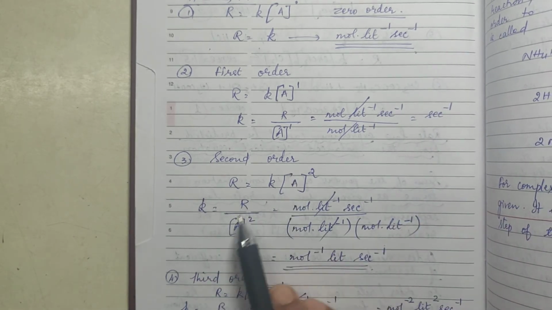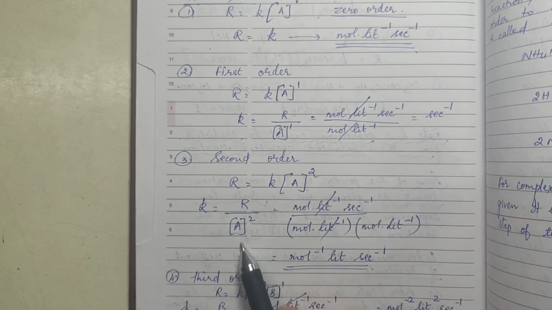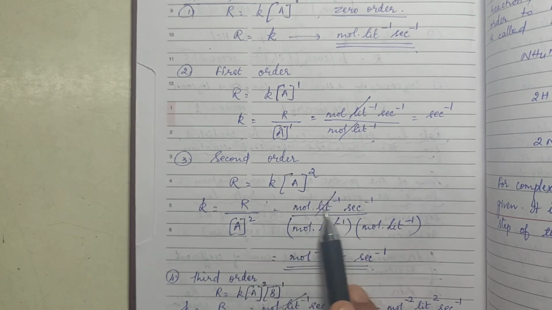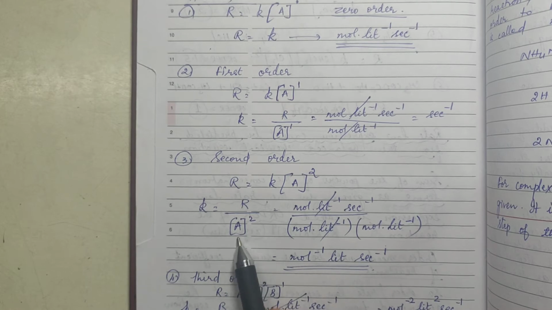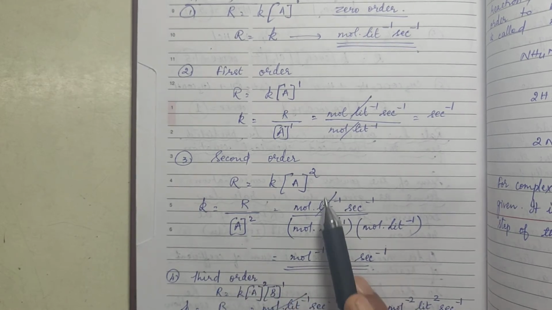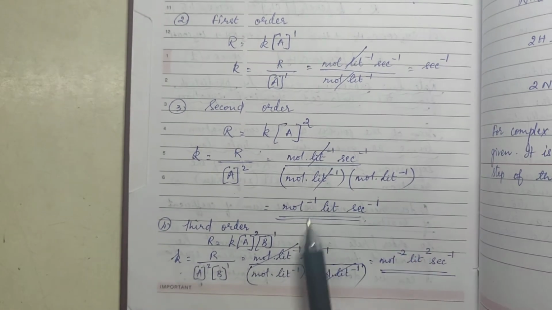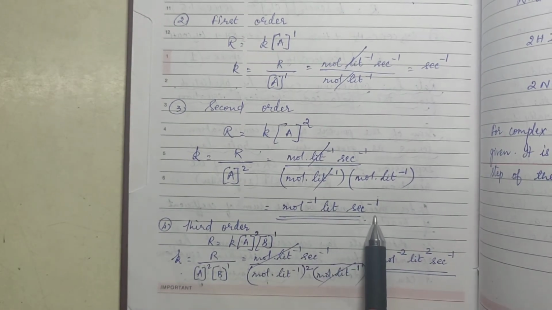Then for second order, R is equal to K into A power 2. So R upon A power 2. The R unit is this, and for A square you will write the unit twice, so once it is getting eliminated. What is left behind is mole inverse, liter, second inverse.